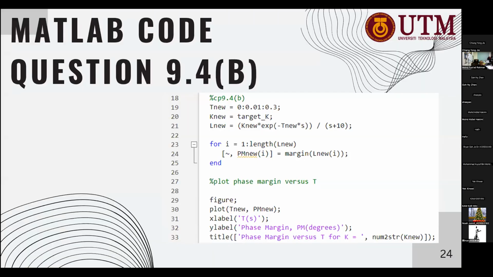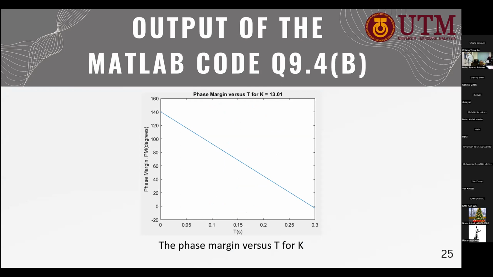This is the method code: lines 19 until 21 declare the transfer function, and lines 22 until 25 find the phase margin. Then lines 29 to 33 plot the graph. So this is the result graph we obtained from the code.